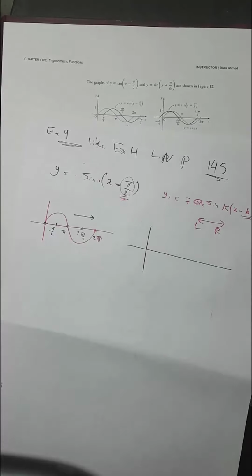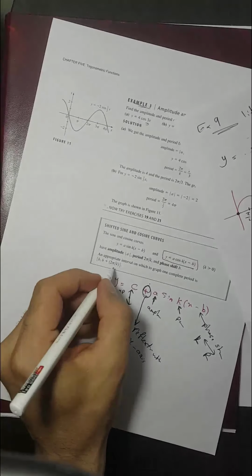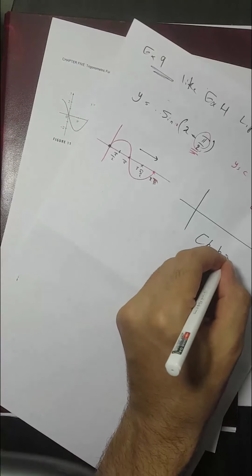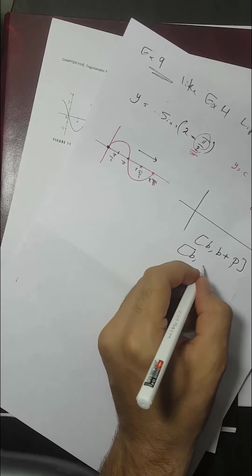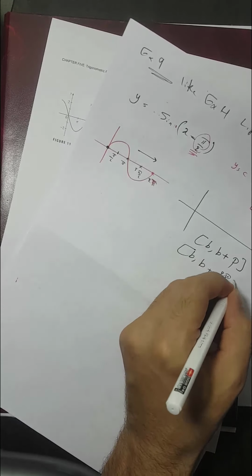And I want to really mention some important things on page 144. You have this interval from b to b plus the period p. And you know p is equal to 2 pi over k, right?